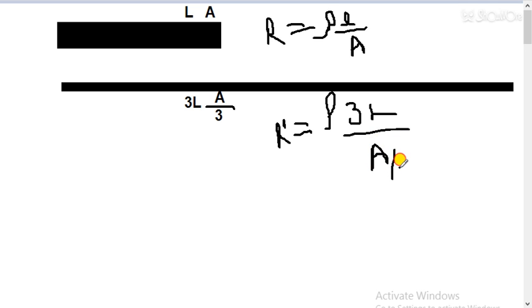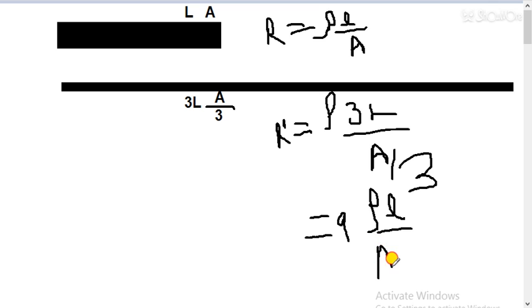So this will be equal to 9 times rho into L upon A. That means it is equal to 9 times R. So up to this the question is right. The new resistance will be 9 times R.